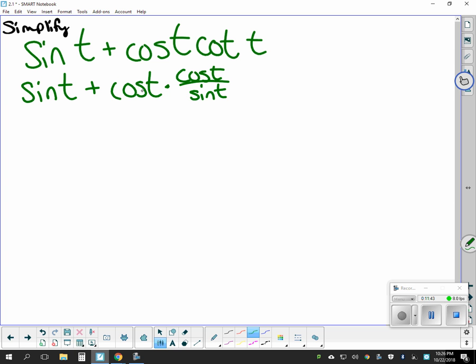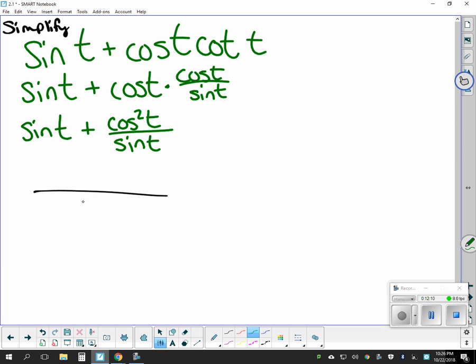Well, that's helpful right away because you have a squared term then. So sine of t plus, multiply those together, cosine squared of t over sine of t. And then remember on Monday how I had you guys working with getting things added together? Let's try that here.